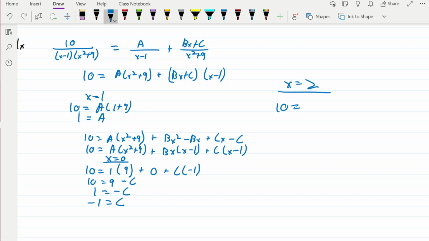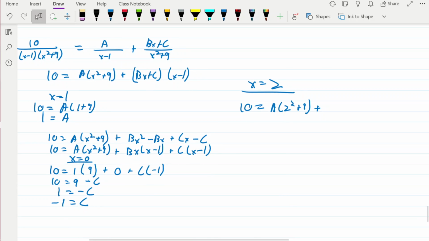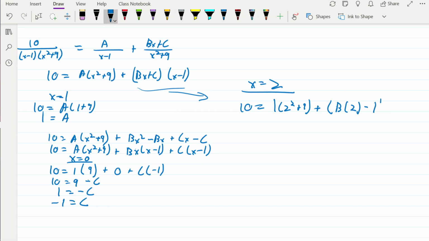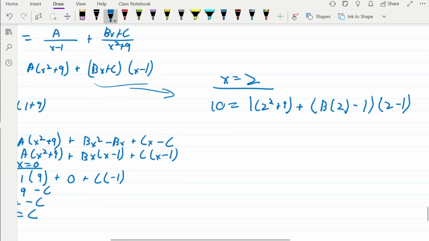So we're going to have 10 equals a times 2 squared plus 9 plus, I'm just going to use this problem up here as we're already substituting in for a and c. So plus our bx is going to be b times 2 minus 1, 2 minus 1.